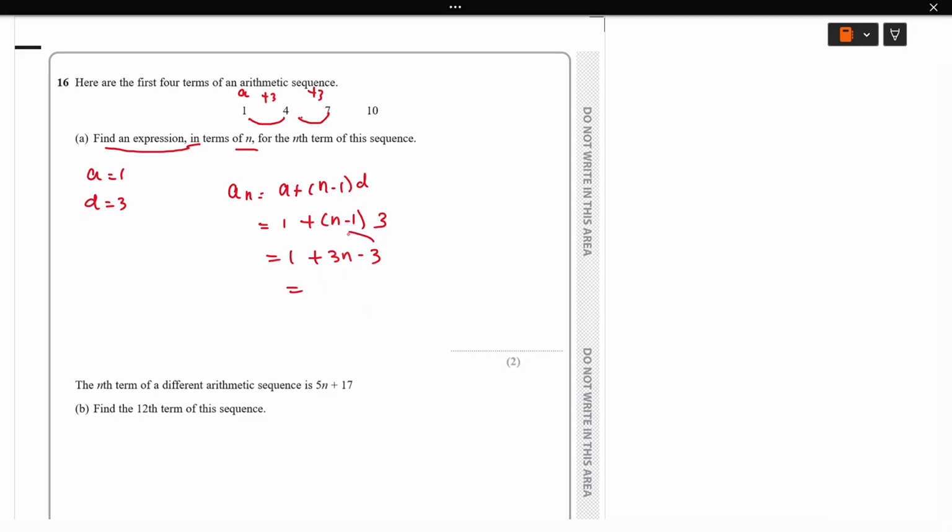So putting it together, 1 minus 3 plus 3n, and 1 minus 3 is negative 2. Negative 2 plus 3n, and that's the final answer. This is our nth term, an equal to 3n minus 2.